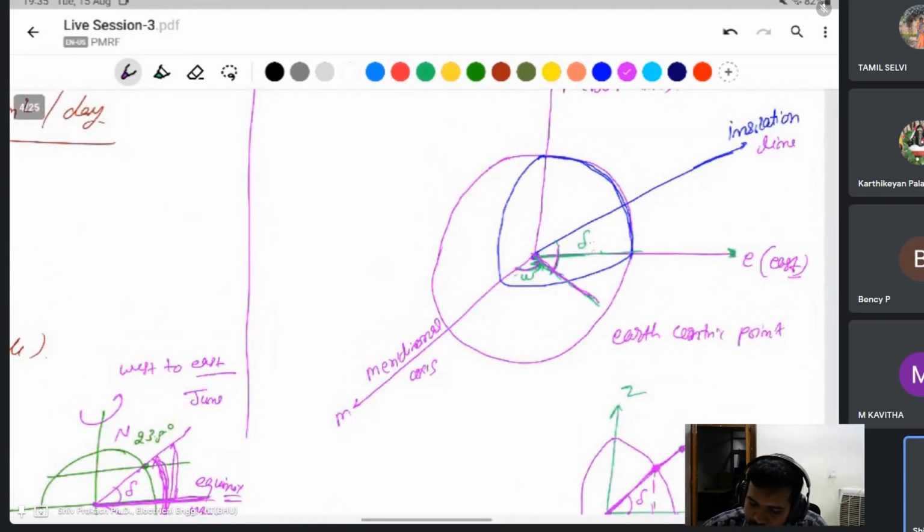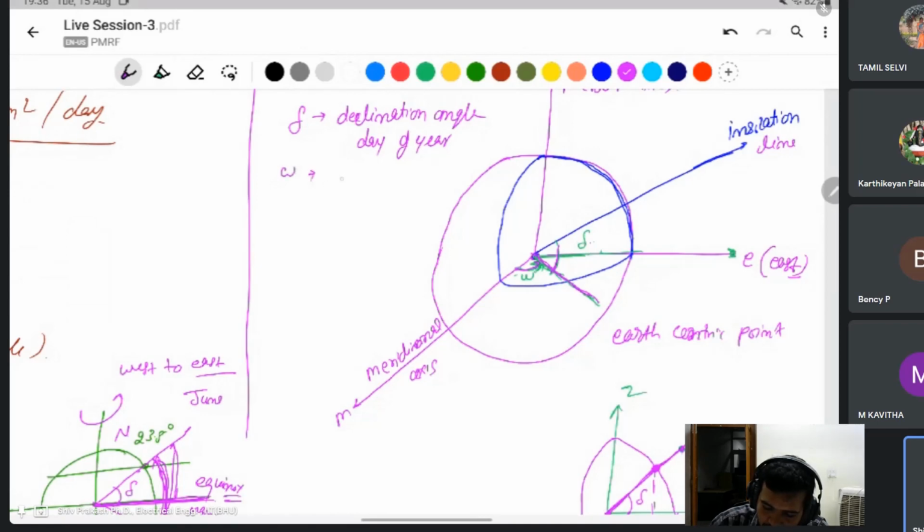Okay, omega and delta are now defined. Delta is the inclination angle. It will depend on the day of the year, and omega is the hour angle in a day, the hour time.